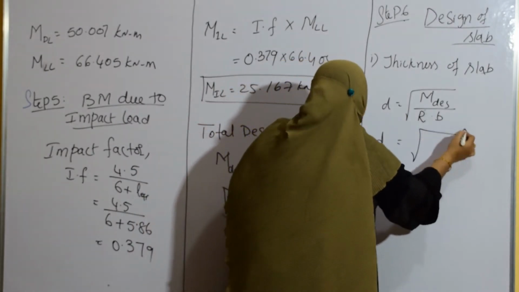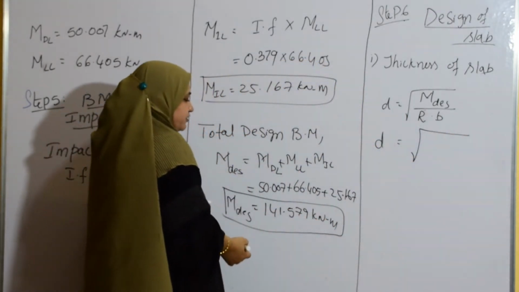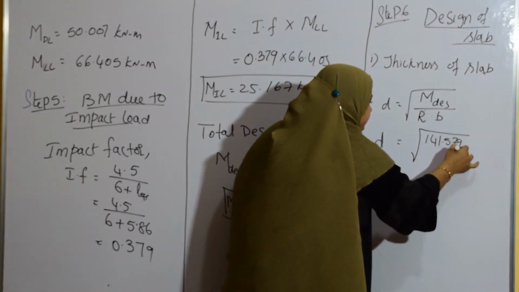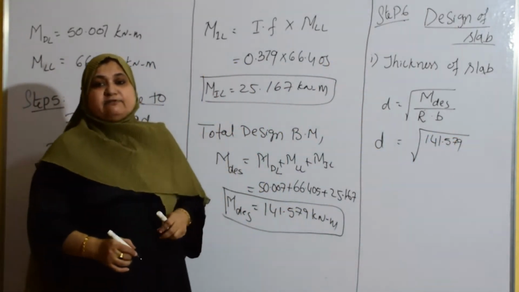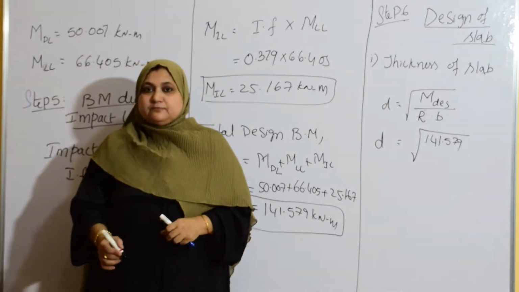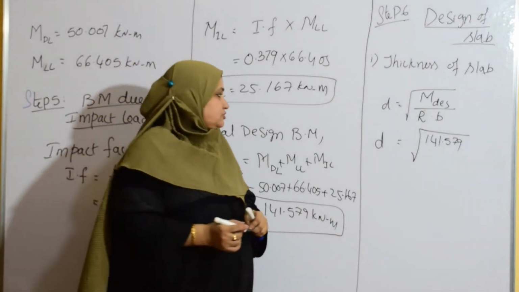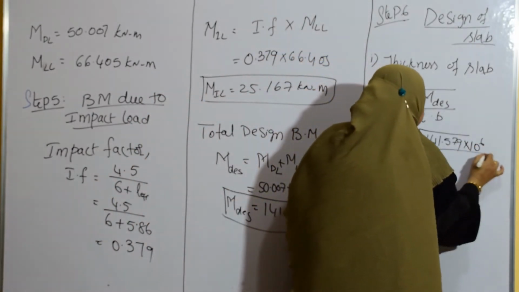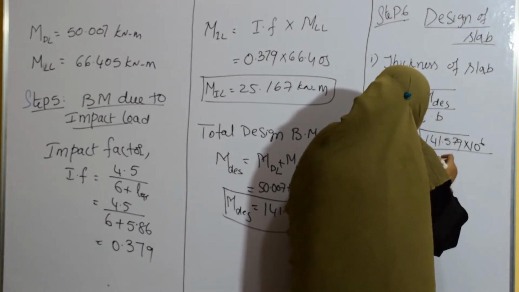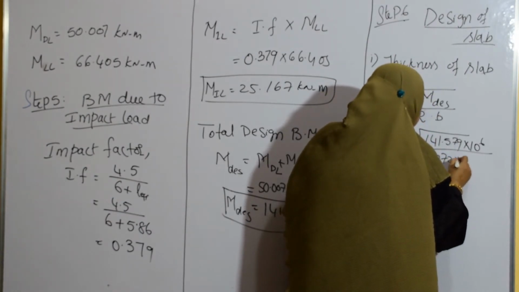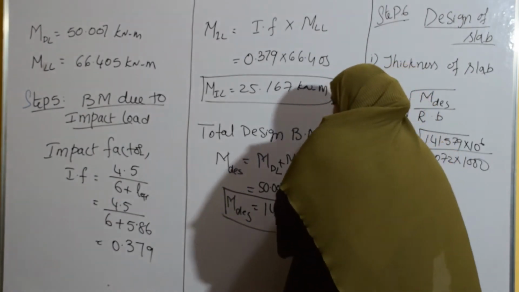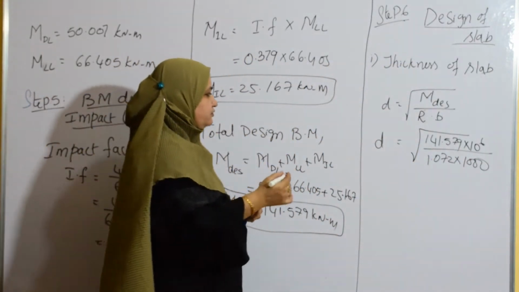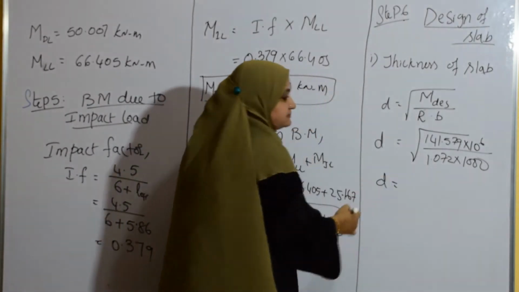Just now you have calculated 141.579 kilonewton meter, and thickness will generally be in mm, so you have to multiply with 10 to the power of 6. R, I think, was 1.072. I'll just check it. Width will be for 1 meter, so B will be 1000.